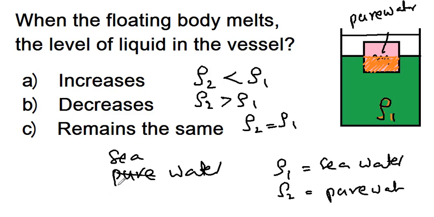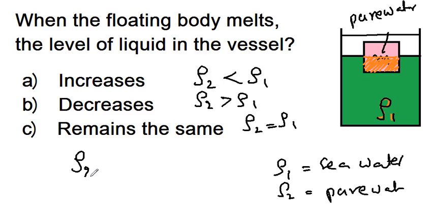So we understand that in this case the density of sea water is greater than density of the water formed, or density of the pure water formed is less than density of the sea water which is there in the vessel. So ρ2 is less than ρ1, then the level will increase. So this is how you solve this.